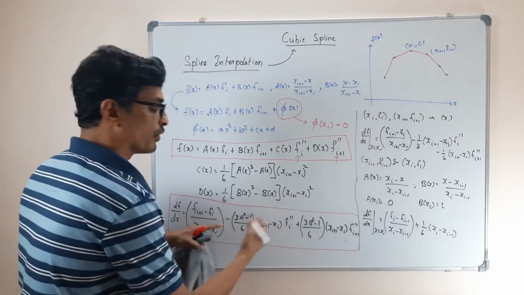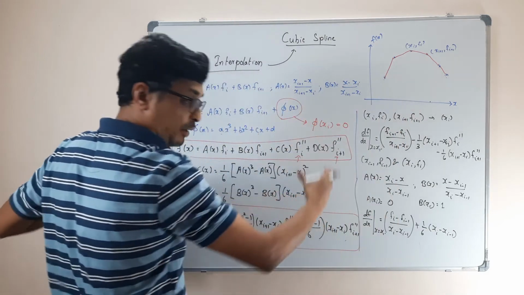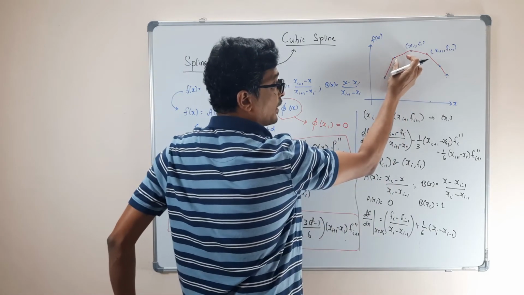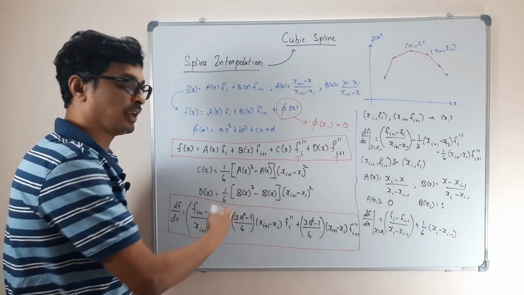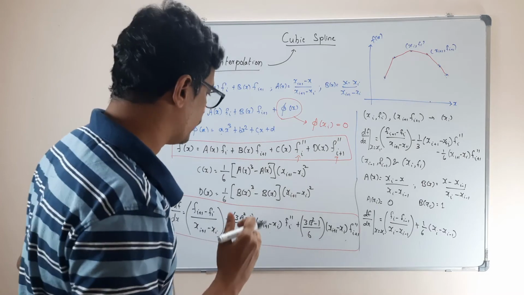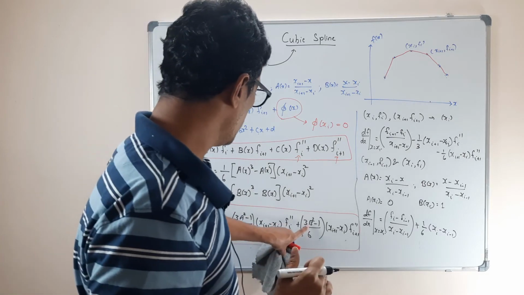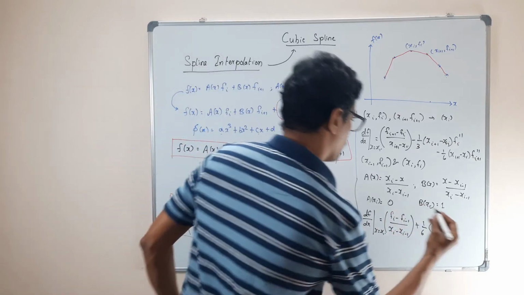So this changes because we are not using now the points xi and xi plus 1. If you do the same analysis using the points xi minus 1 and xi, this is the formula we get. We replace i plus 1 with i, and i with i minus 1. And b is equal to 1, so this becomes 2 by 6, that is 1 by 3.